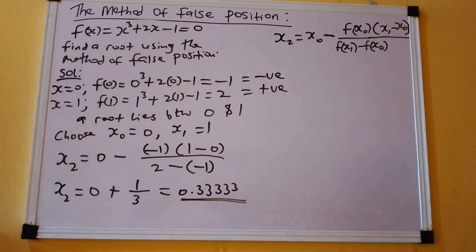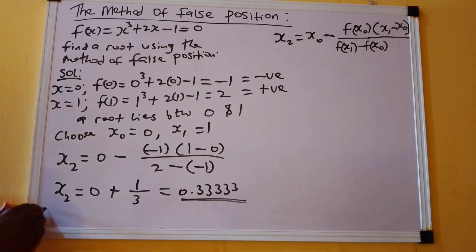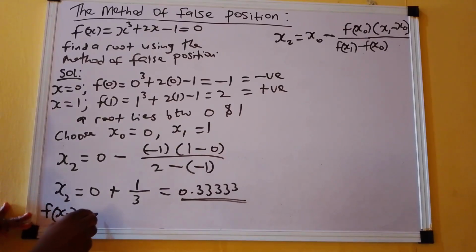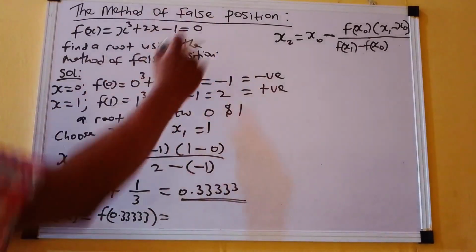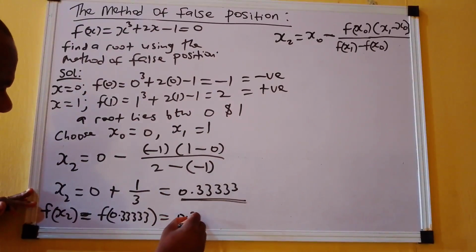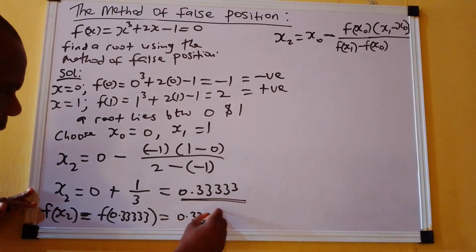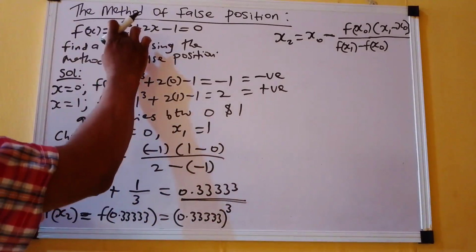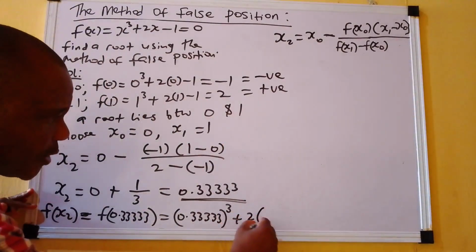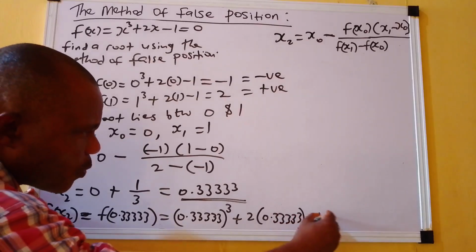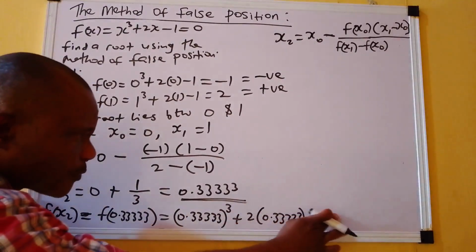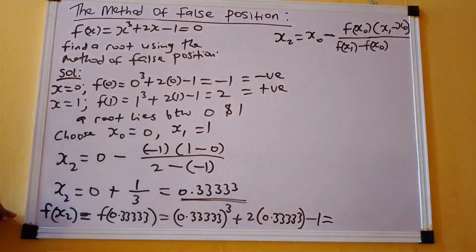Now, for us to make progress, we are going to get what we call our f of x2. Our f of x2 will be equal to f of 0.33333. Anytime you talk about f of, we are using this model equation, this will be 0.33333, all raised to power 3, you can see it here, plus 2 into 0.33333 minus 1. Pressing your calculator, let's see what we are going to have.